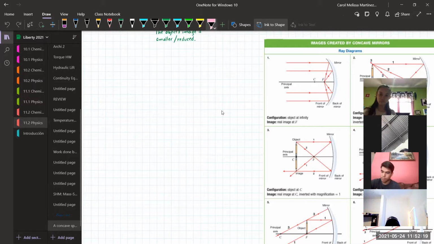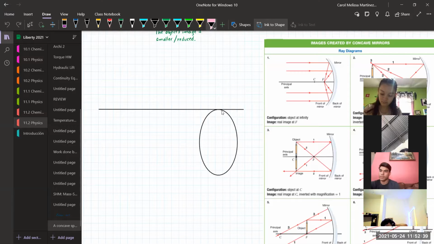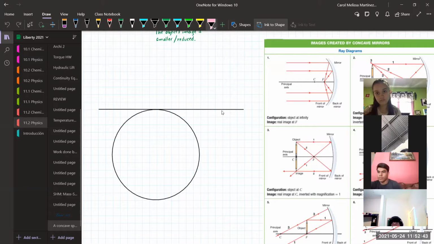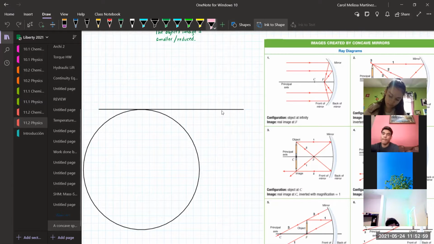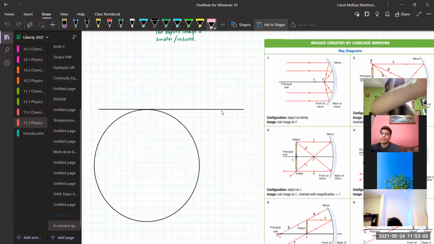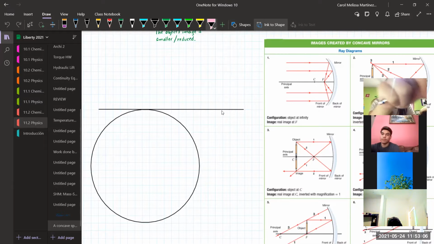What I do in the first place, I draw a horizontal line. Wait a second.